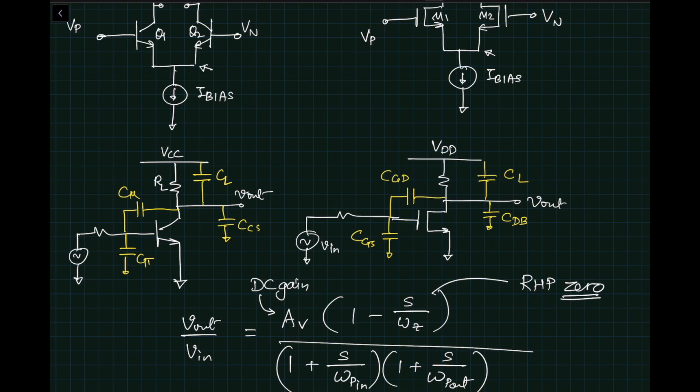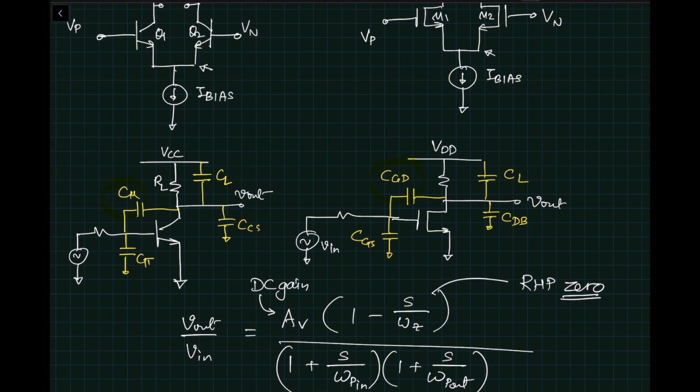So one thing to note here in this configuration is C mu or CGD, these two capacitors, they are generally small numbers. However, we try to get as much gain out of this stage, and they get multiplied by the gain from input to output.